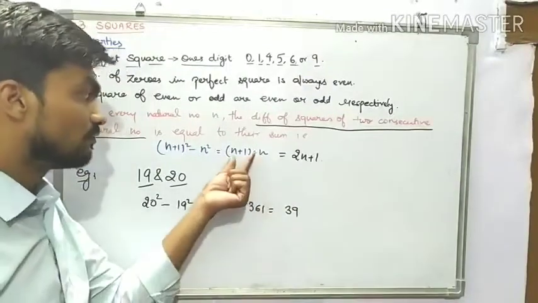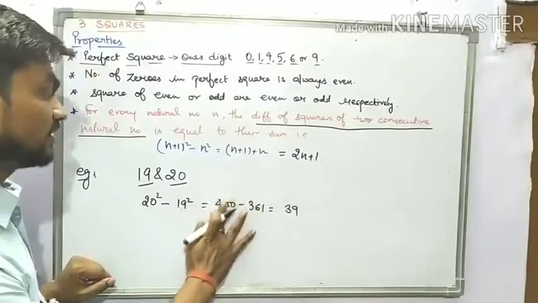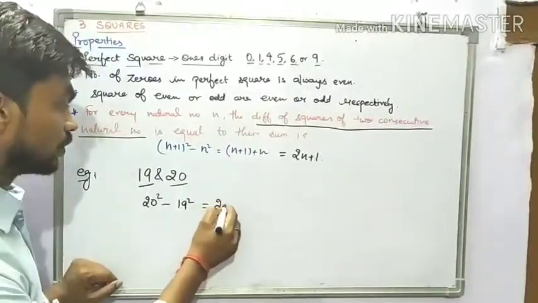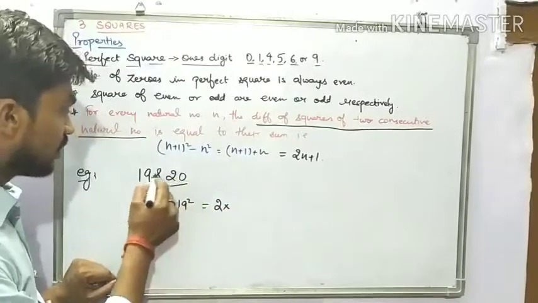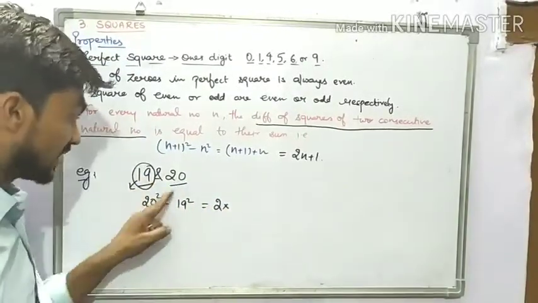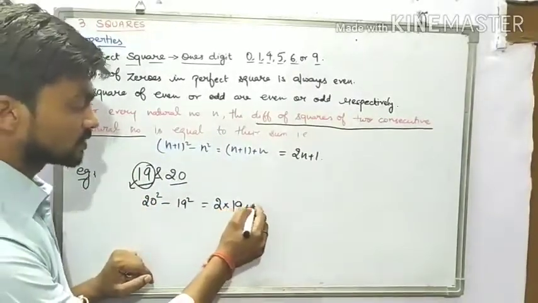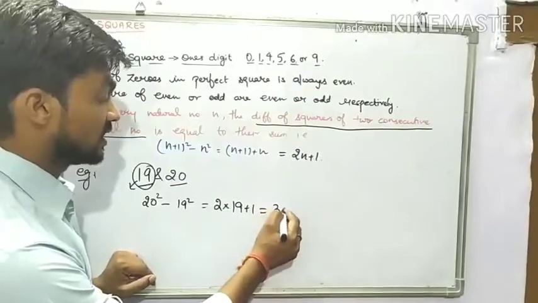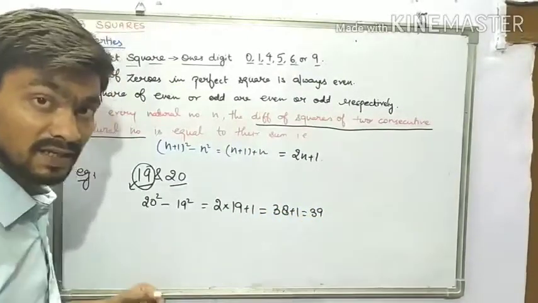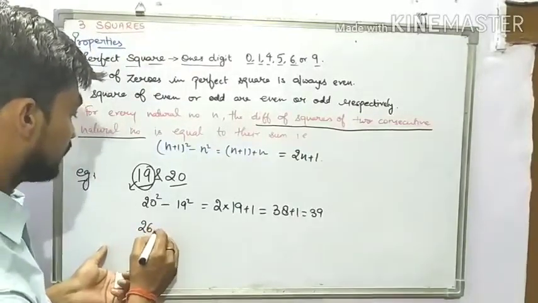But how will you find it using this method? It is given 2n plus 1. What will be n here? n will always be the smaller number, because the other is n plus 1. So n will be 19. 2 into 19 plus 1: 38 plus 1, 39. Easy.